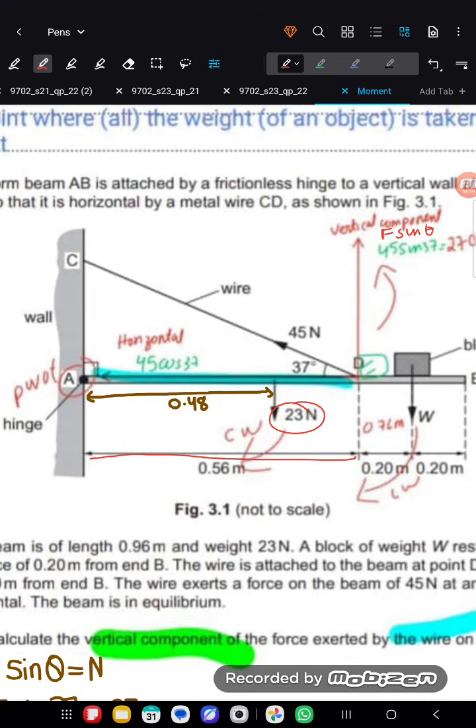And this one is given, for the weight this is 0.56 plus 0.20. And what about this force? How much is this one? Okay, so this one we have to find. How will we find this one?